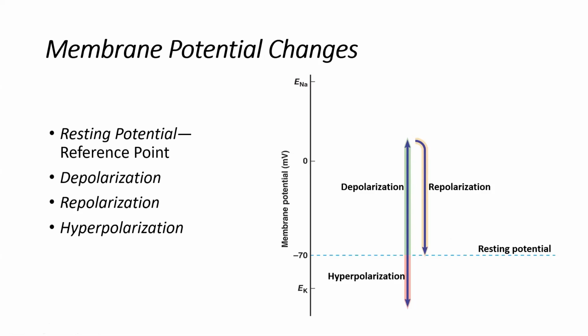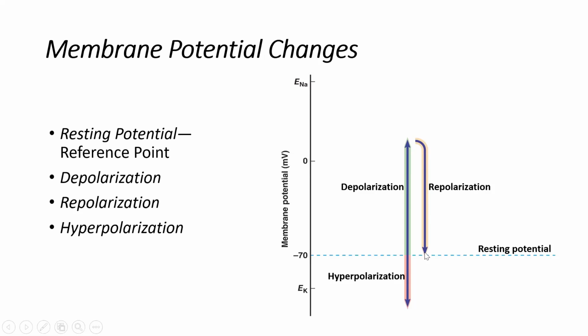And so that will make the membrane potential more positive as it tries to approach the equilibrium potential for sodium. We've also got repolarization, which is the opposite movement. This is where the membrane potential is moving closer to rest. It's becoming more negative.